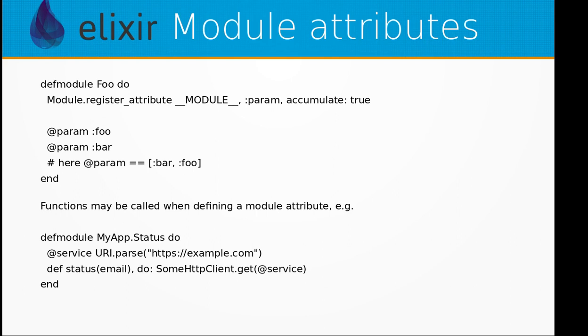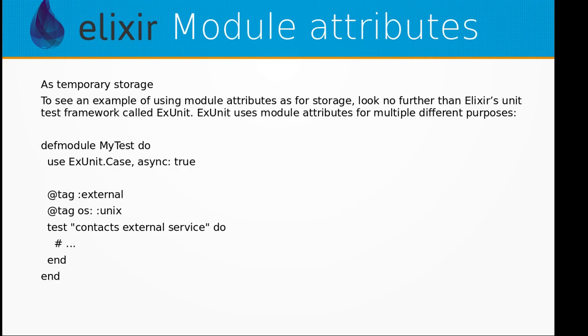So defmodule MyApp.Status do, and within this module you can see we are using a service URI.parse, and we are giving the URL, and then we are defining a function called def status with some HTTPClient.get @service. Okay, let's see how module attributes are used as temporary storage.